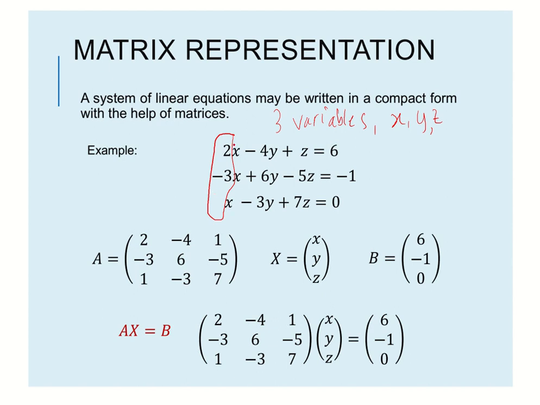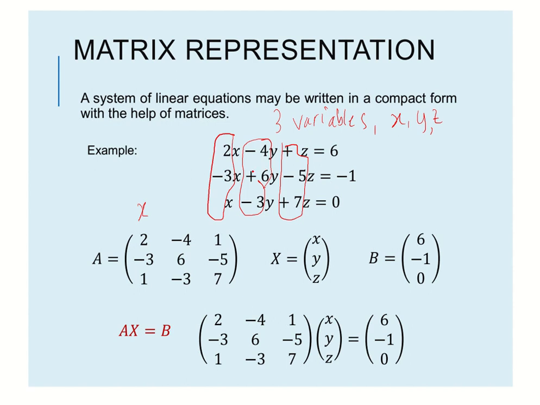All right, so for x, the coefficients are 2, -3, and 1. So these are the coefficients for x. And the coefficients for y are -4, 6, and -3. And the coefficients for z are +1, -5, and +7.